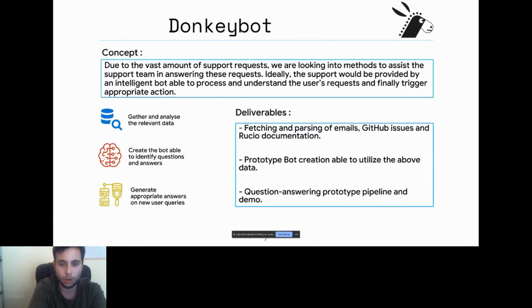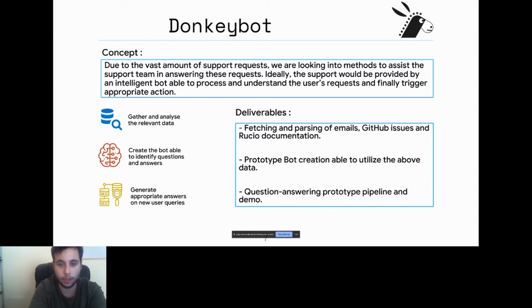Now, DonkeyBot is the solution, and what we basically want the final form of the bot to be, even beyond the scope of this summer's GSoC, is to have some sort of an interface or an automated email answering tool for Rucio users that, based on past data, including questions that have already been asked and answered in the emails or on GitHub issues or on the Slack channel, the bot should be able to provide new answers to any simple queries that the user might have.